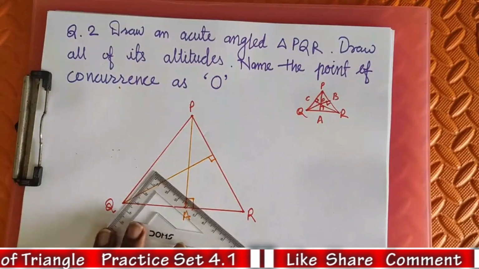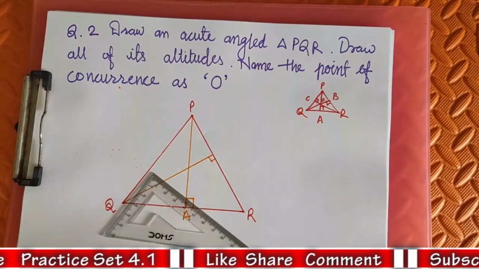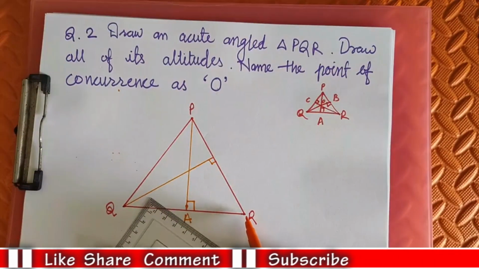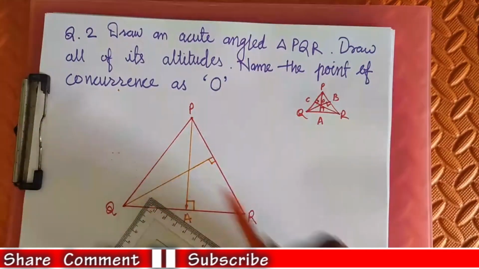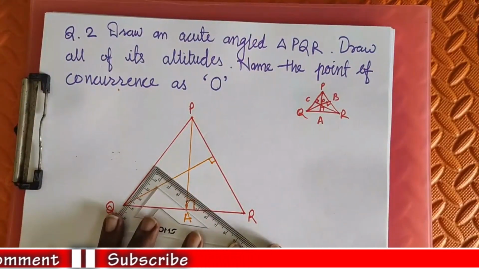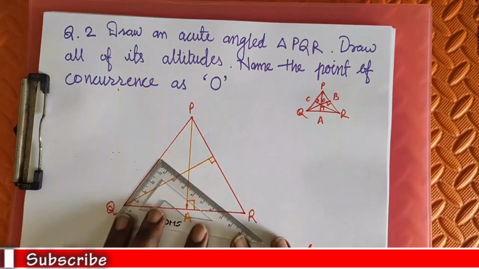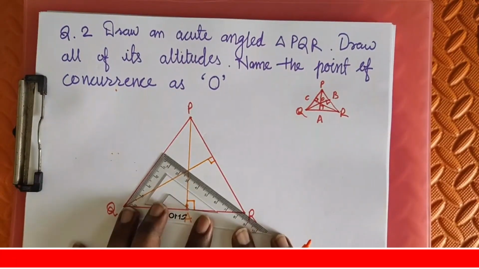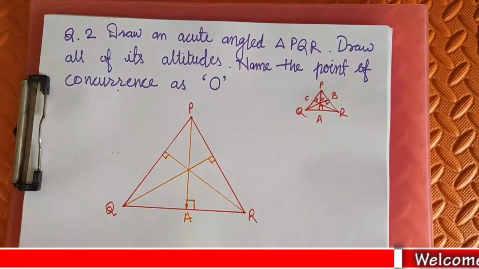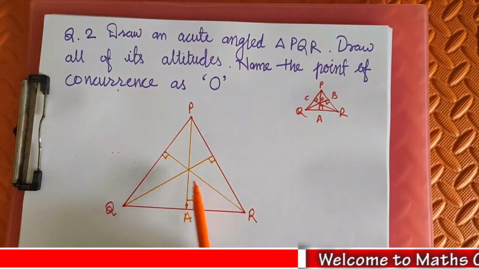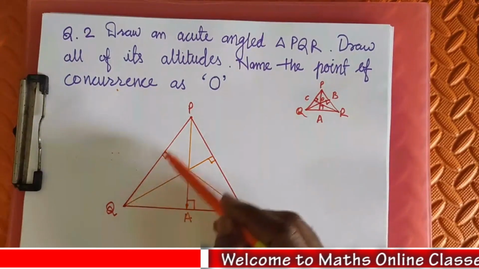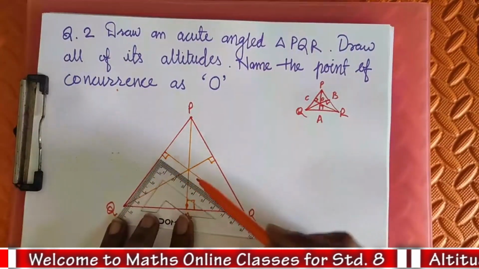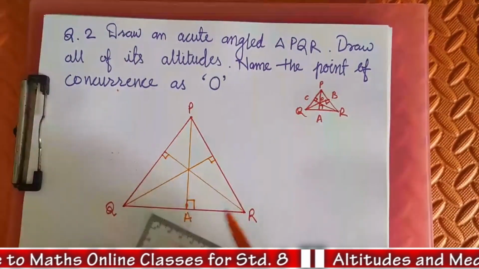And now third one, we have to draw third altitude from vertex R on its opposite side PQ. Keep this set square in this way and move it up and up slowly. While drawing this third altitude, you have to take care and see whether it's passing through a single point or not.